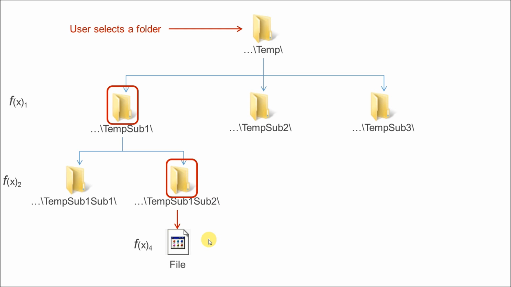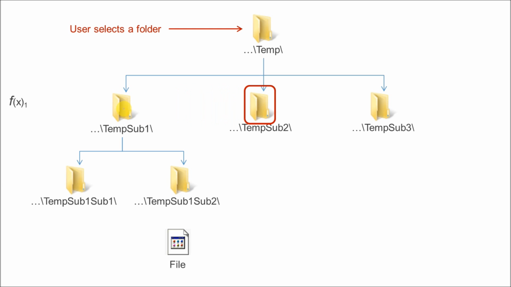In this case, it's not going to find any folders, but it will find a file. We're going to process that file, return control to the function that called it. At this point, this folder loop is complete, and it will then look at the files collection in this folder. I think in our example, it's going to find one file, and then that function call can resolve itself, and we can return control to function call 1 above it.